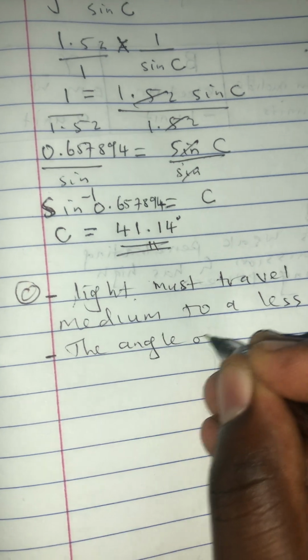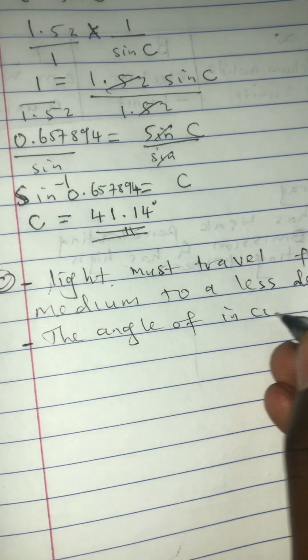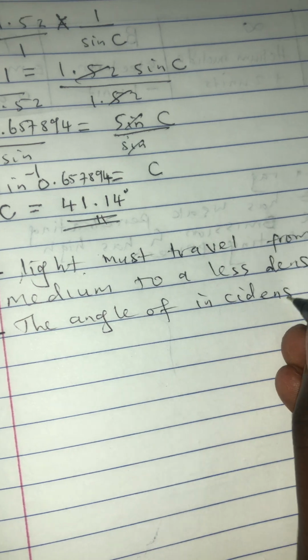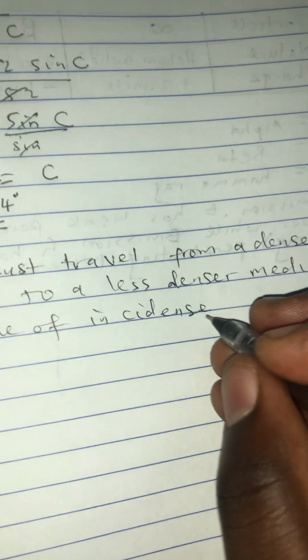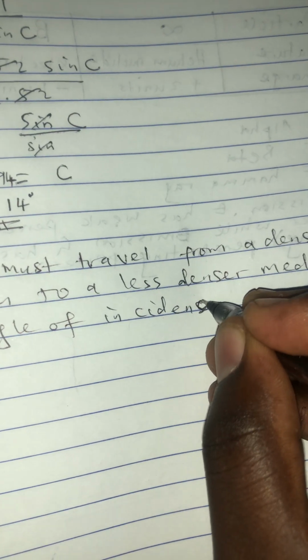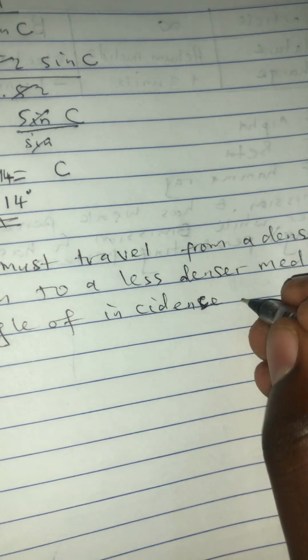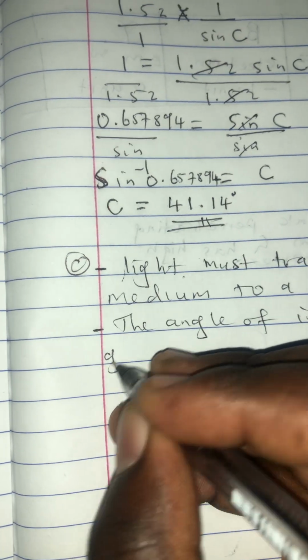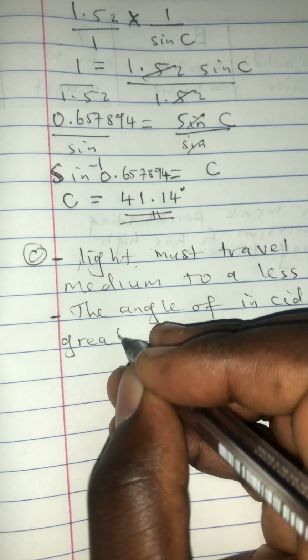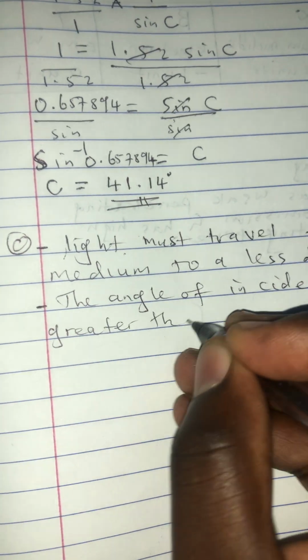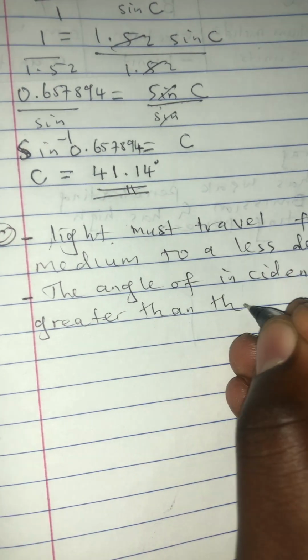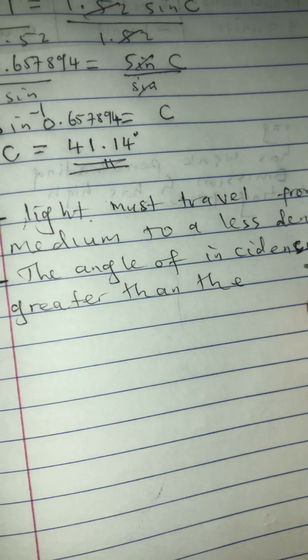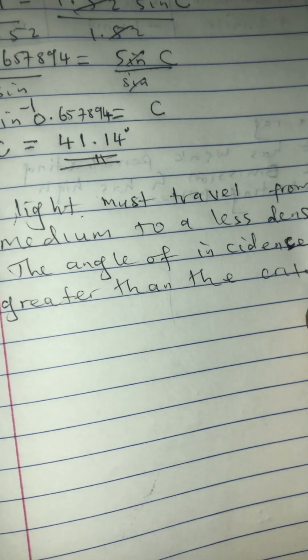The other point is that the angle of incidence must be greater than the critical angle.